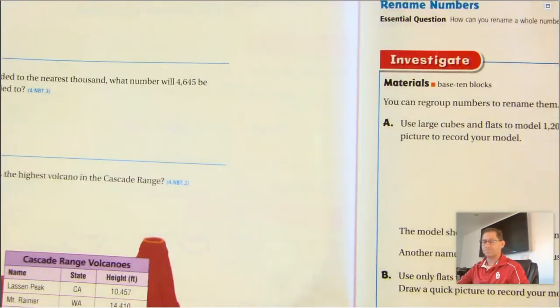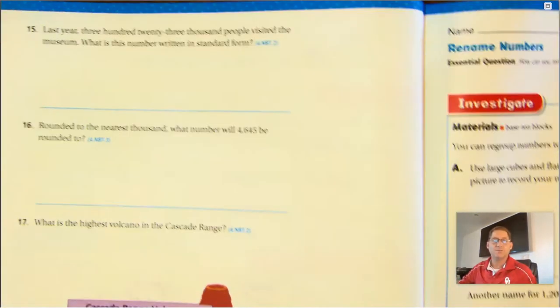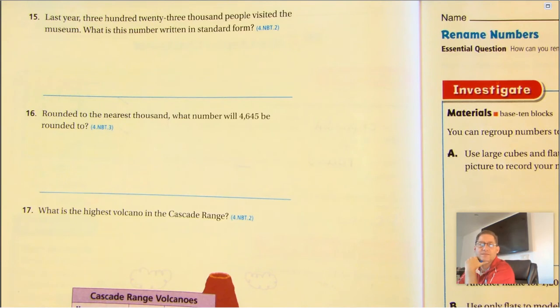Okay, let's move on to page 22. Right, in number 15, it says last year, 323,000 people visited the museum. What is this number written in standard form? 323,000 people.